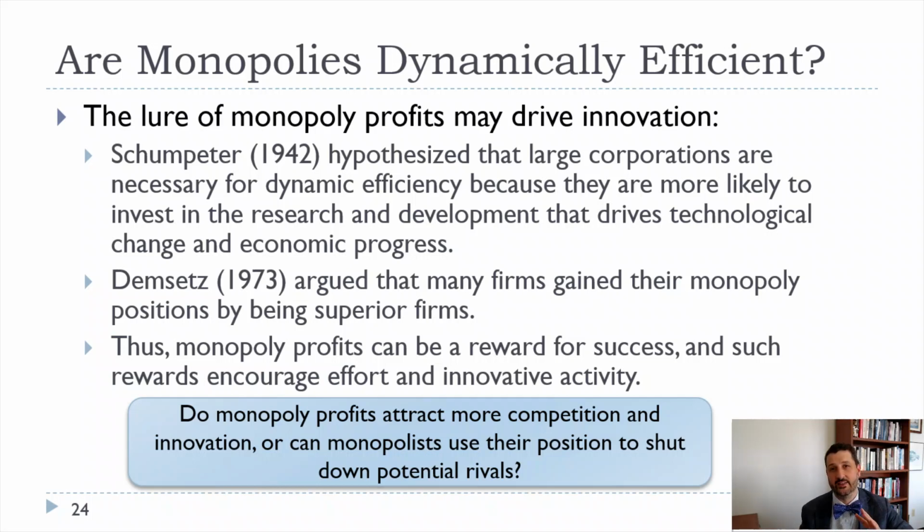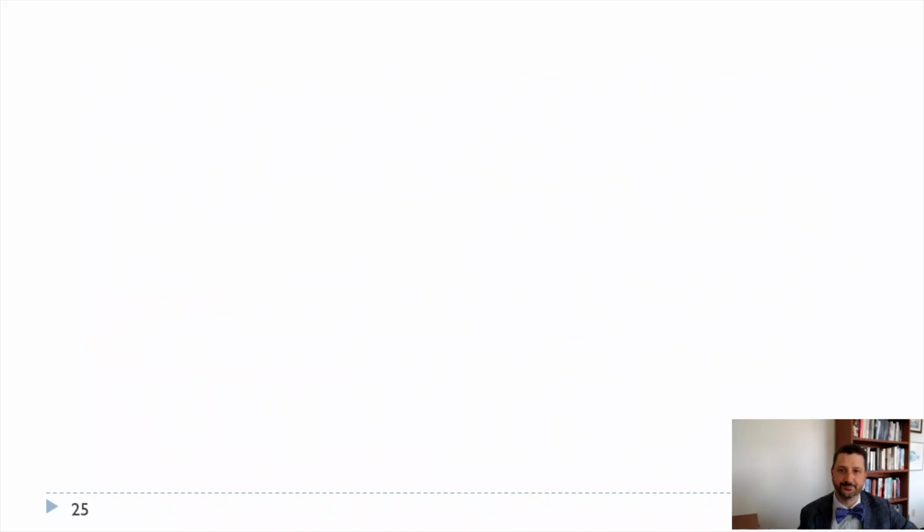And then that means that we're not getting that competition. And now we're in that both statically and dynamically inefficient position. But I think the main point of Schumpeter is that we might be willing to accept some static inefficiency if we're getting dynamic efficiency in the long run.